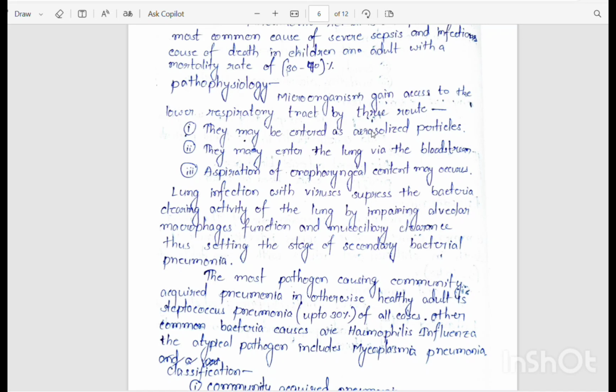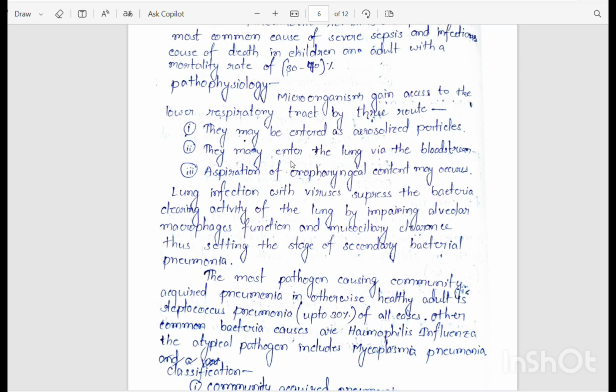The first one is that they may enter as aerosolized particles, like with air, entering the respiratory tract during the person's breathing. They may also enter the lung via the bloodstream, as blood transfers from the heart to the lungs and from the lungs to the whole body.